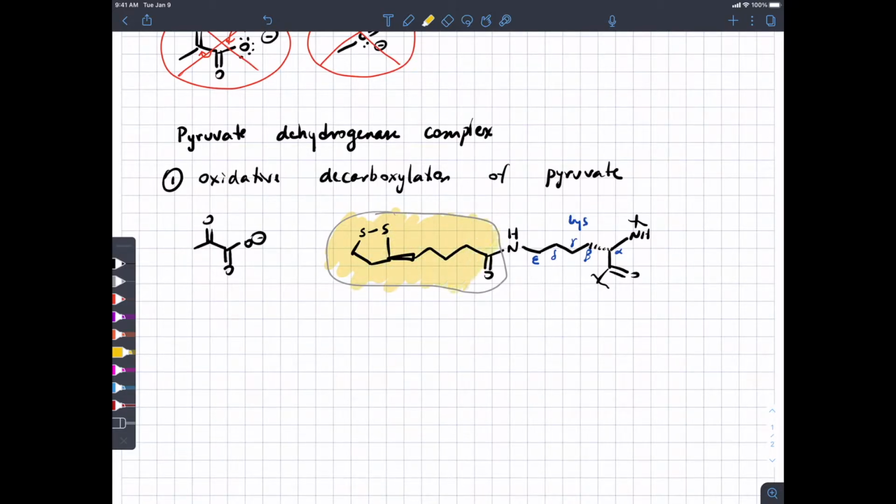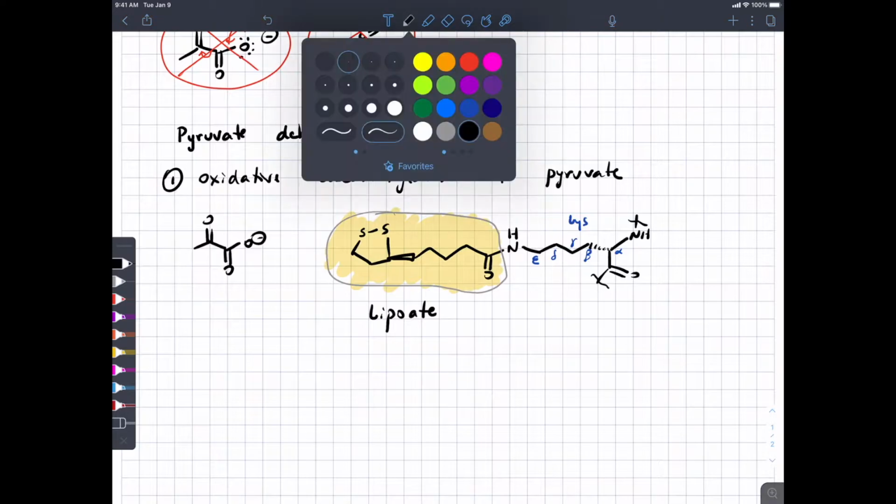And this is an important part of the process. This is actually going to do the oxidation reaction.